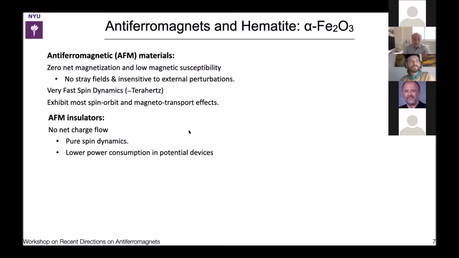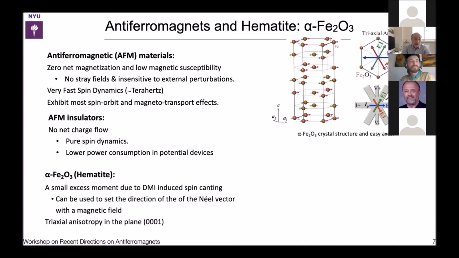I guess the key point for this antiferromagnet is that it has a small excess moment due to DMI, and that leads to a small canting of the moments in the easy plane. So we're going to talk about c-axis oriented Fe2O3. That small canting means with a field of about a Tesla, you can reorient the Néel vector to be essentially perpendicular to the field.